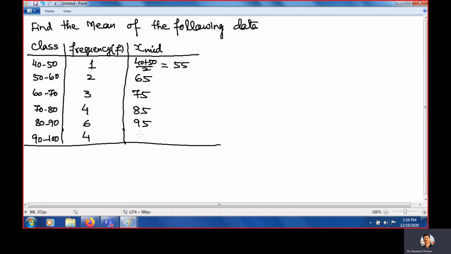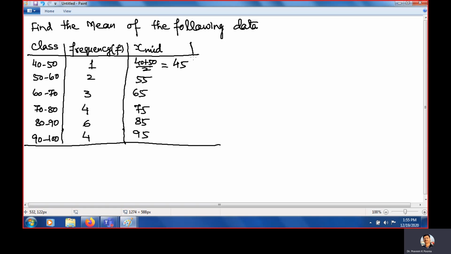We have typed the first one wrong. It will be 45. So there is one mistake here. It will be 45, 55, 65, 75, 85 and 95.